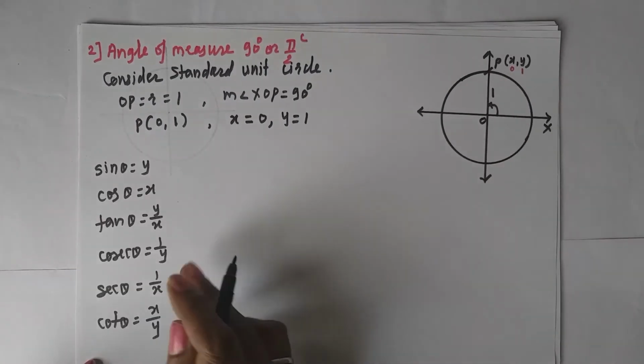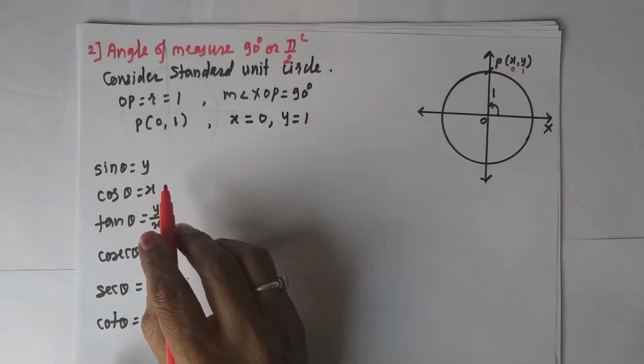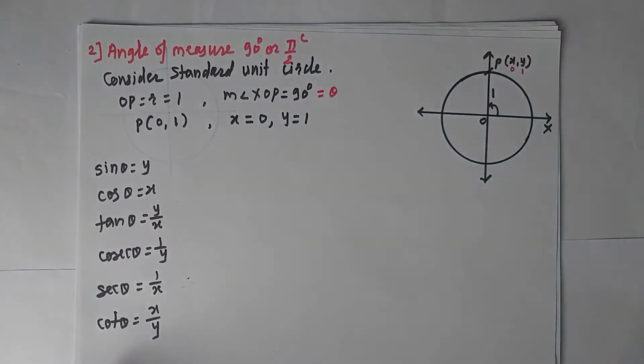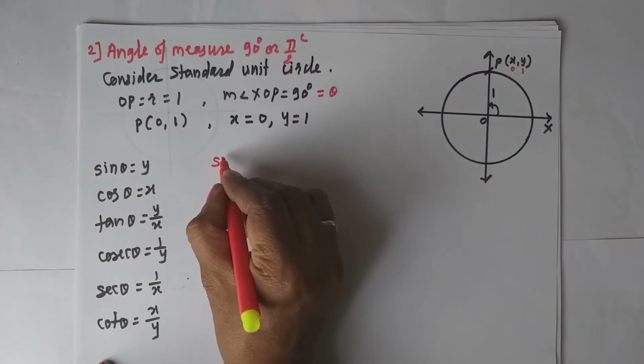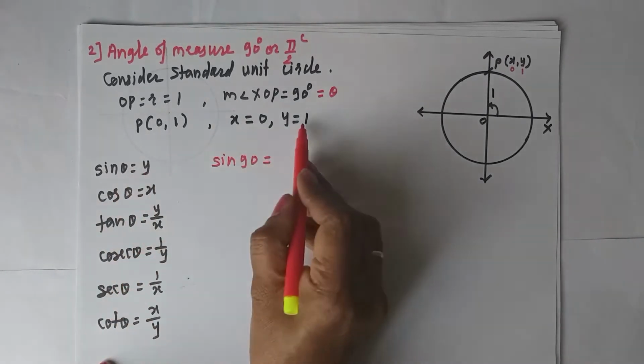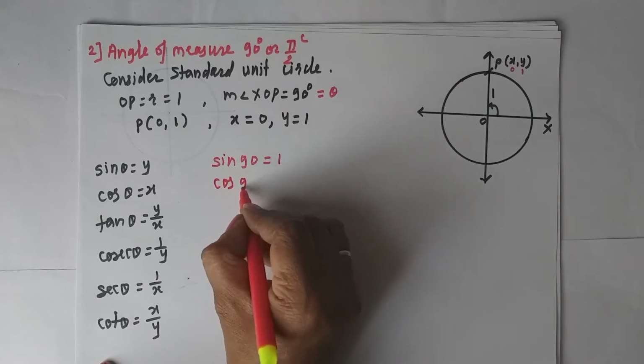You write down all 6 trigonometric functions in terms of standard unit circle. Then you keep the value of theta. Value of theta is 90 degree here. Therefore, what will be sine 90? You keep the value of theta 90 and value of y is 1, means sine 90 is 1. What will be cos 90?